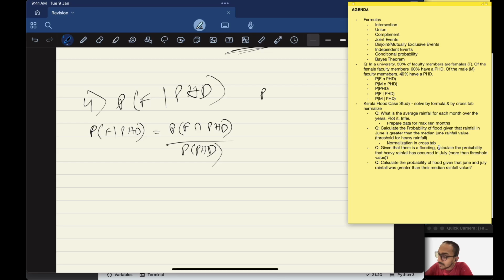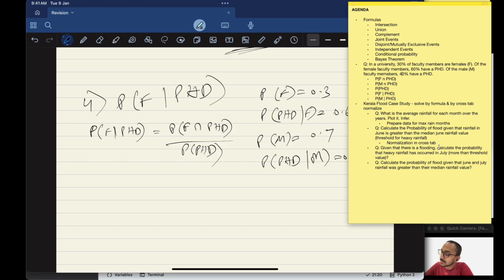So P of female is 0.3, P of PhD given it's a female is 0.6, P of male is 0.7, and P of PhD given it's a male is 0.4, right? Purely based on these values, what can we do here? We'll have to use Bayes theorem, and we'll use the multiplication rule.